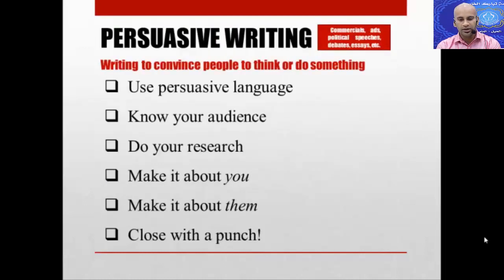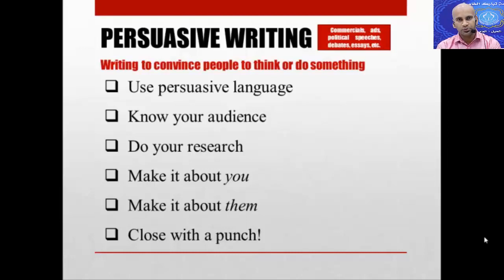Now, how do you convince people to come to your viewpoint? Use persuasive language, know your audience, do your research, make it about you, make it about them, close with a punch. These are the steps that you have to follow in persuasive writing.